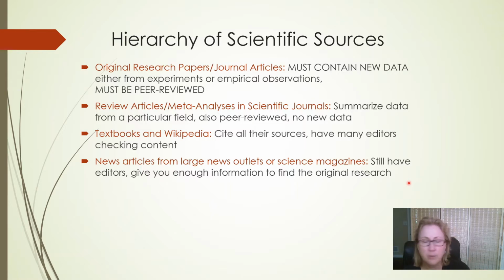They'll say, published this week in the journal Cell is an article on such and such. Well, if they tell you it's in this week's Cell, you could find it. If you know the topic and the journal and the week it was published, you could find it. So do they give you enough information? If they don't, be skeptical.